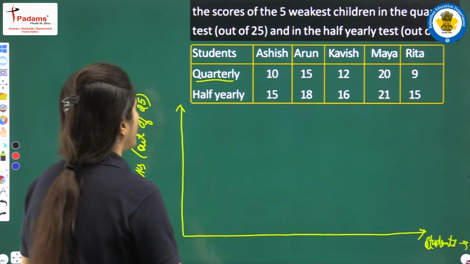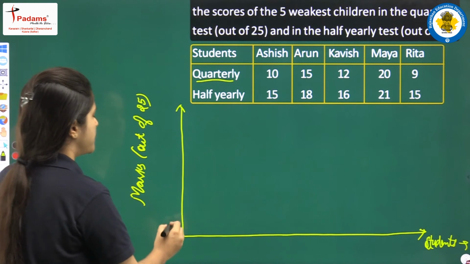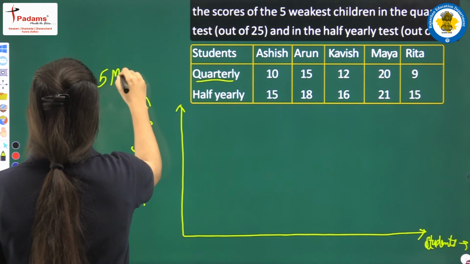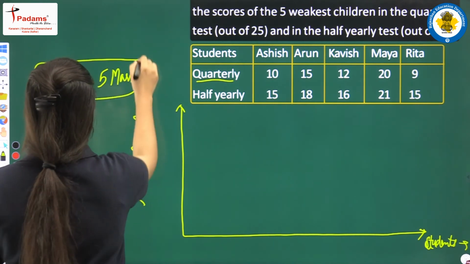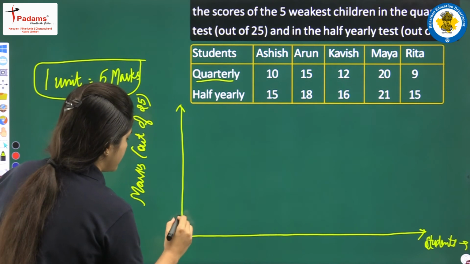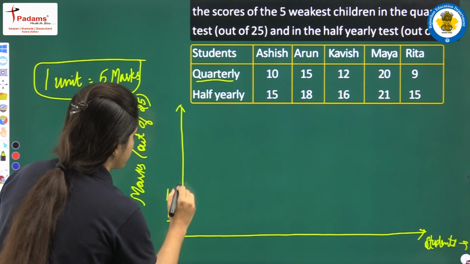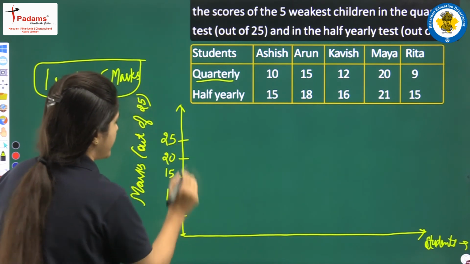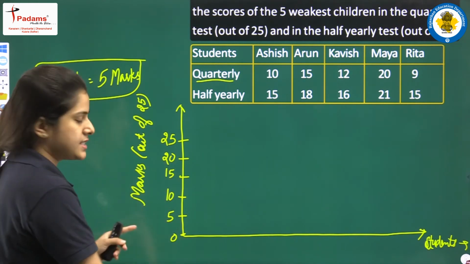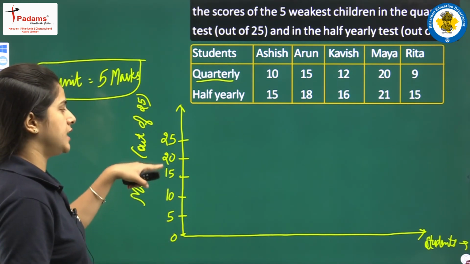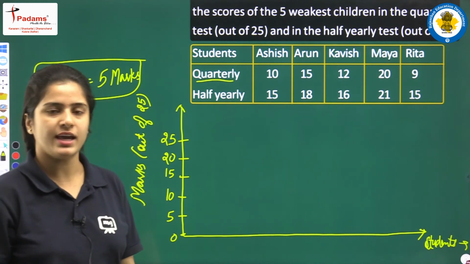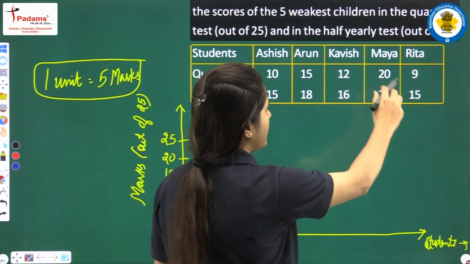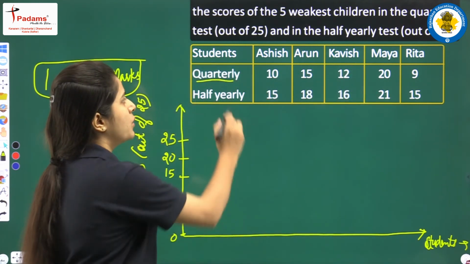So we'll take the scale of 1 unit is equal to 5 marks. Starting with 0, this is 0, this is 5, this is 10, this is 15, this is 20, and this is 25. This is the units: 0 to 5, then 5 to 10, 10 to 15, 15 to 20, and 20 to 25. Now we need to make the bars of Ashish, Arun, Kavish, Maya and Rita.